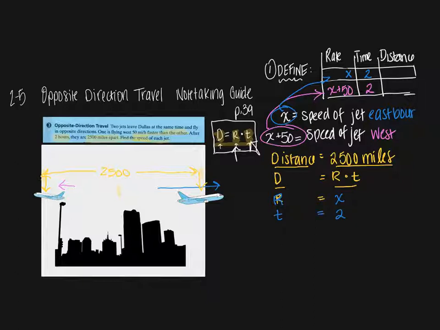So therefore, my blue d, I'm just going to plug these variables in up here. Instead of r, I'm going to put x, and instead of t, I'm putting 2. So d equals x times 2, or I could rewrite this as d equals 2x. So my distance up here in my blue is 2x, but that's also equal to 2,500 miles.